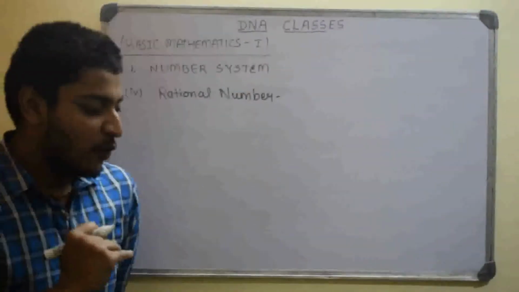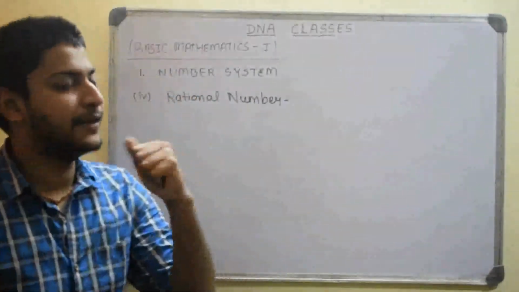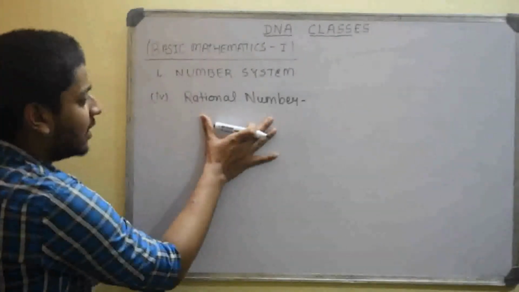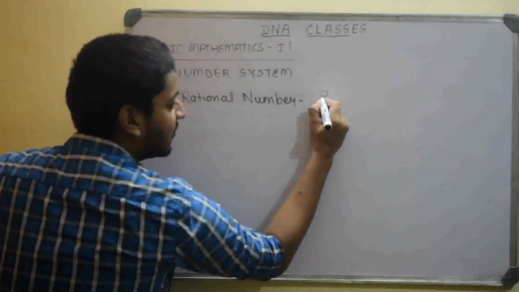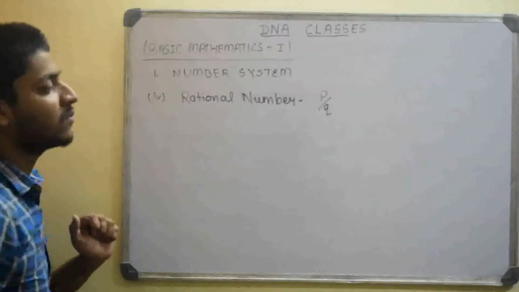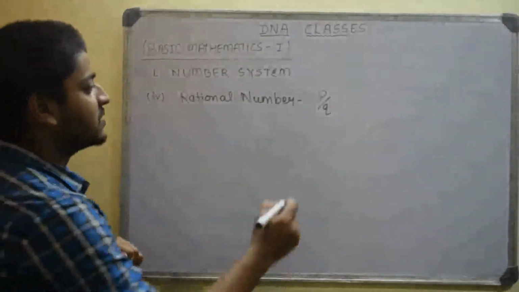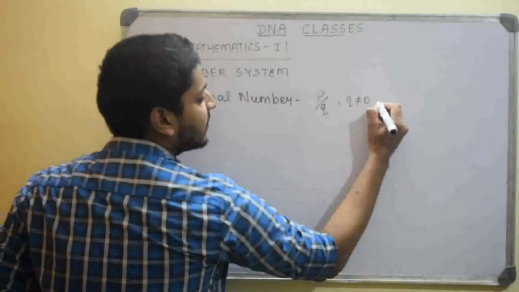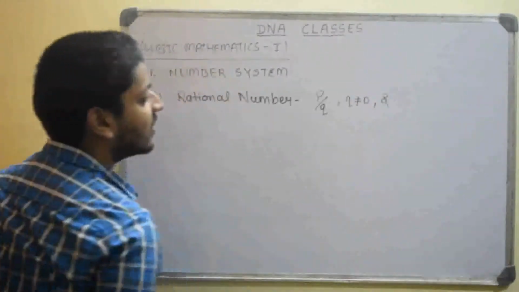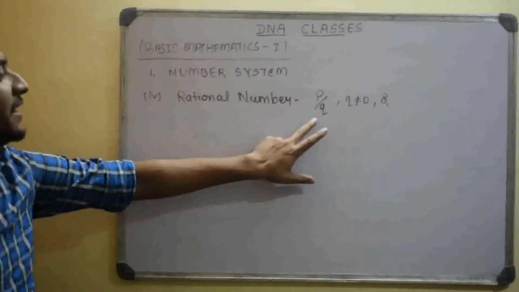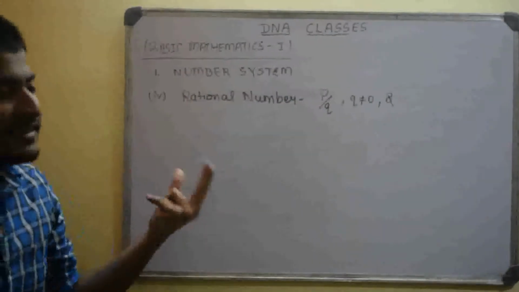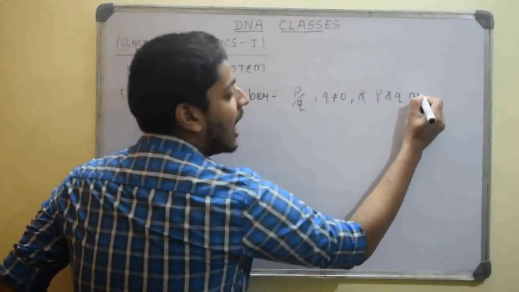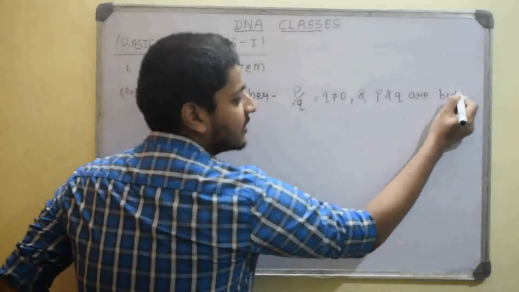A number which is in the form of p by q. I will explain what is the meaning of p by q. So rational number is a number which is in the form of p by q, where q is not equal to 0, and p and q both should be integers.